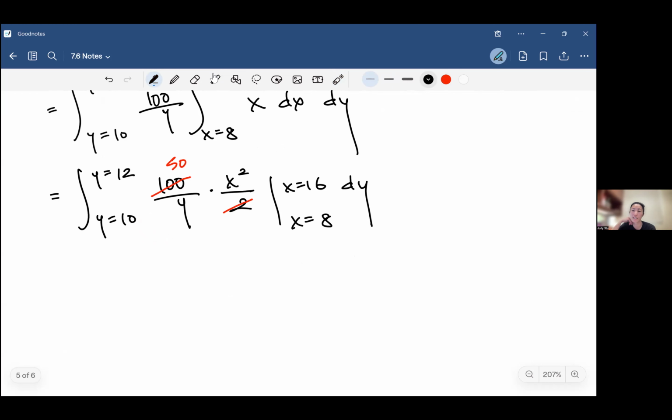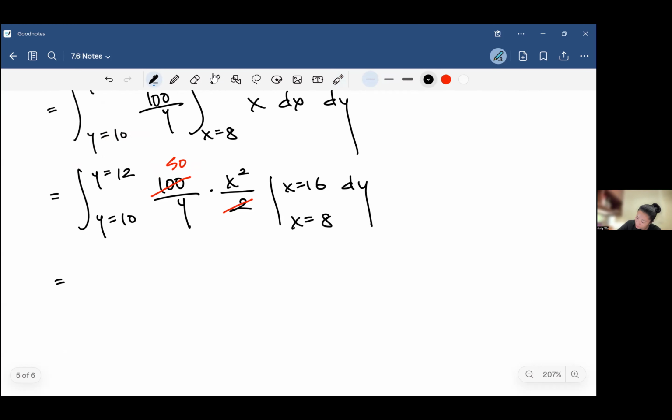And so it's just nice to clean things up as we go. That way we don't get stuck with so many unsimplified things at the end. But the cool thing is this 50, I can actually pull out to the front of the other integral, okay?